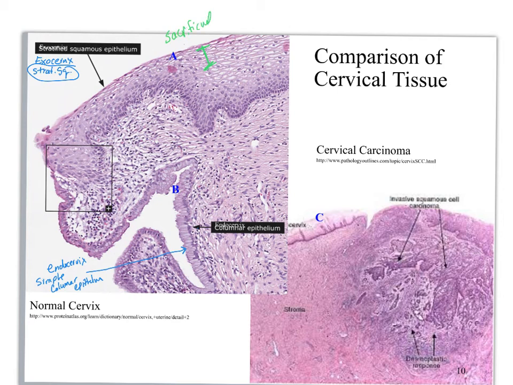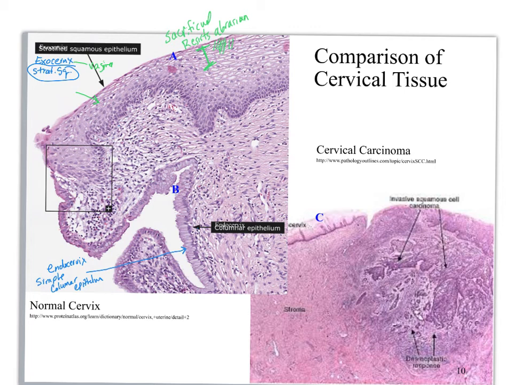So basically, this resists abrasion, so that if those cells get sloughed off, it doesn't matter. All right, they are meant to be sloughed off. Now, why would you want this in the exocervix? Well, the exocervix opens to the vagina, which means there is a lot of friction during intercourse. So if you had anything but stratified tissue here, when you had intercourse, you would start bleeding from the trauma, okay?